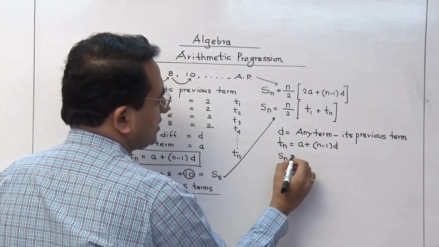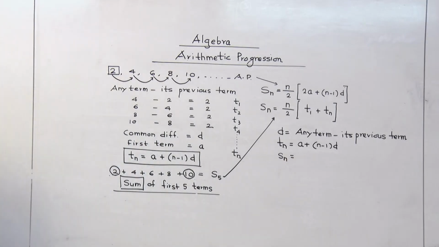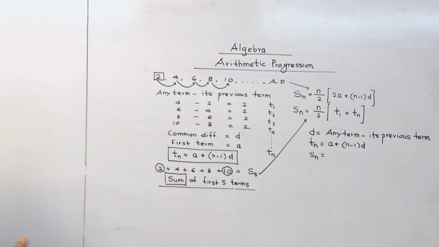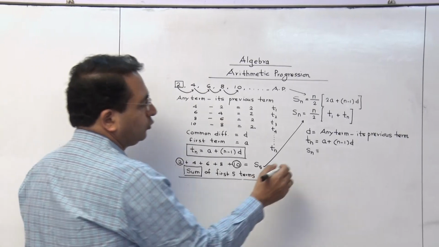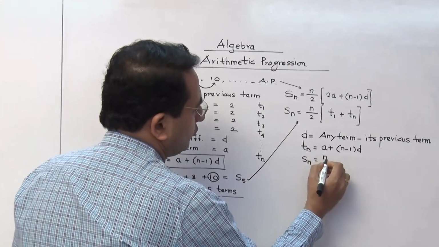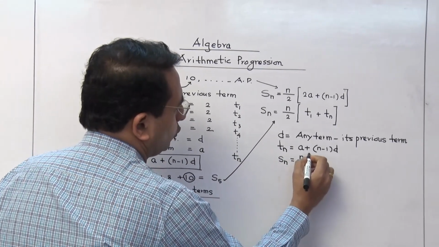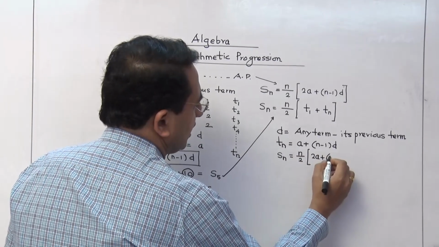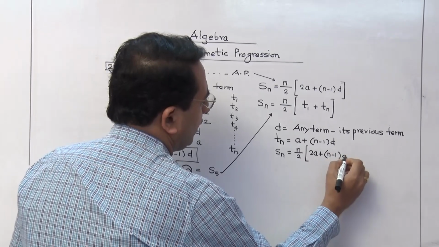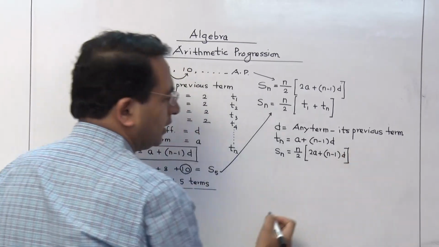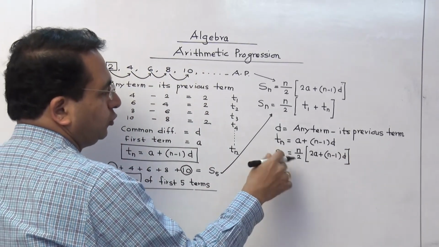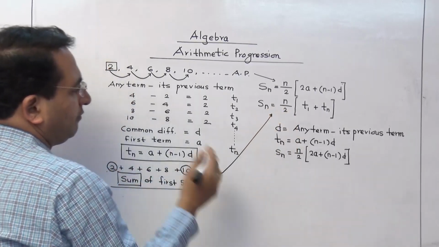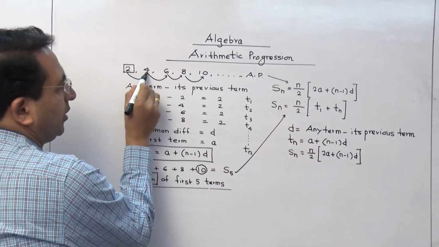Now we'll go ahead with Sn. Sn means the sum of first n terms of an AP. There are 2 formulae which we are going to use. It is n by 2 into bracket 2a plus n minus 1 into d. This is the formula where you know the first term only and the common difference.